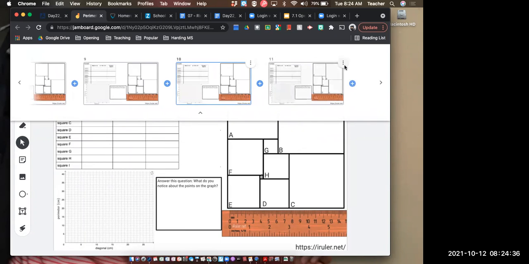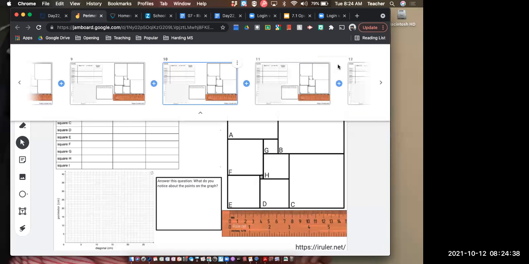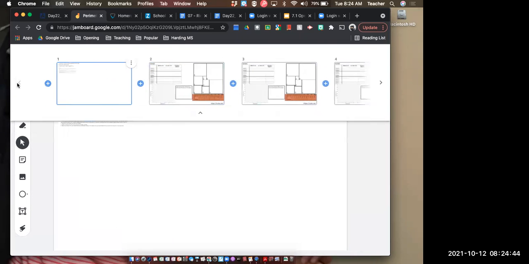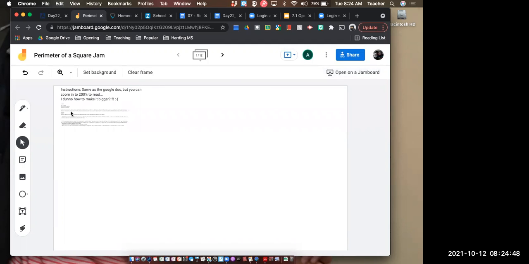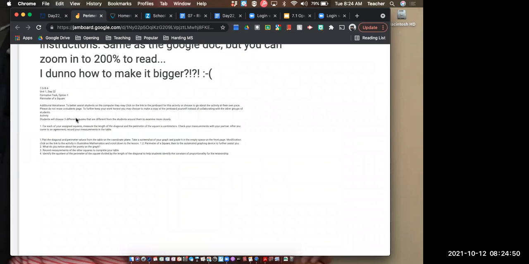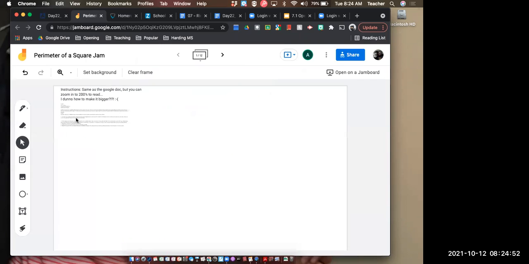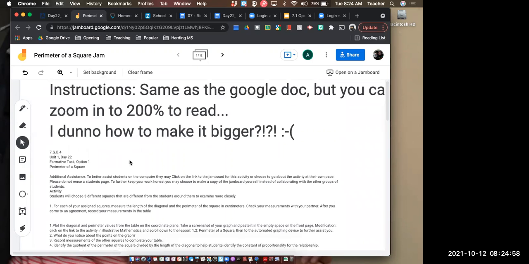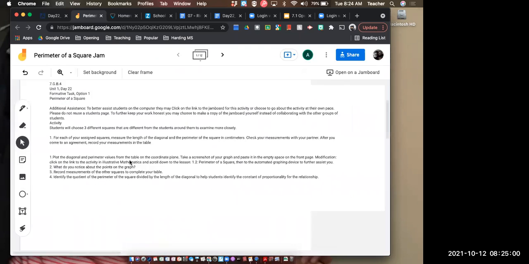All right, the instructions are on the first page, but these are the same exact instructions that are on the Google Doc. Now, for whatever reason, I can't make it bigger, but if you just zoom in or you hit zoom to 200 and then zoom in, you'll be able to read the same things.